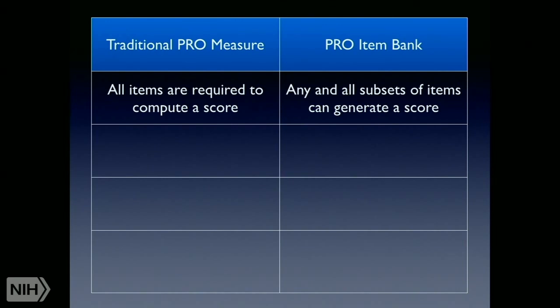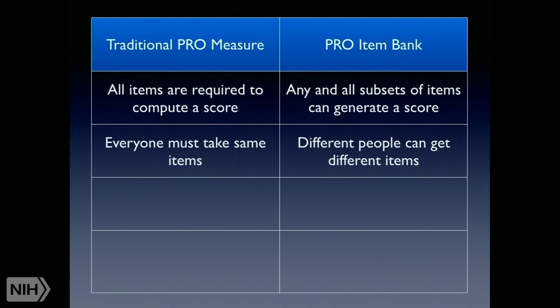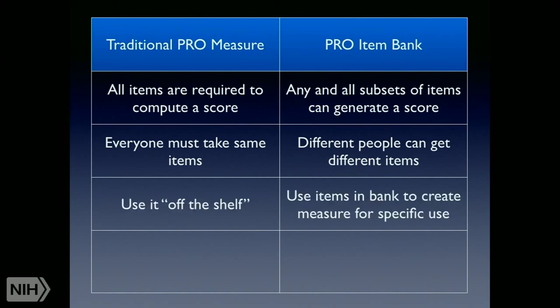With a traditional measure, everybody's got to take the same items. With an item bank, different people could get different items. With a traditional measure, you can just pull it off the shelf. But when we've got an item bank, you've got to use items in the bank to create measures for a specific use.